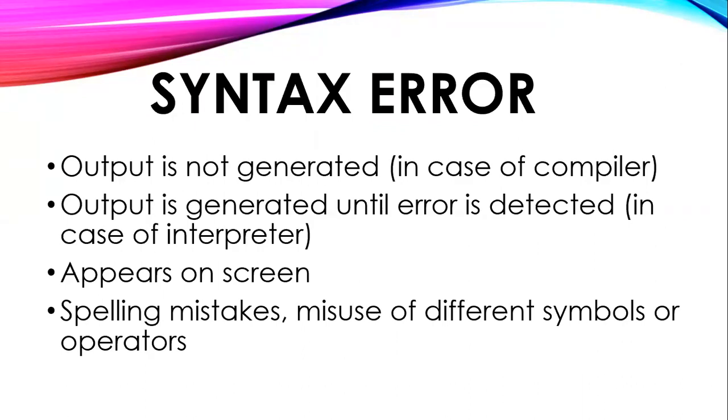Means if you type a program of 5 lines in an interpreter-based language and the error is at line number 3, then the output of line 1 and line 2 will be produced in case of an interpreter. A compiler will not produce any output in case of syntax error.